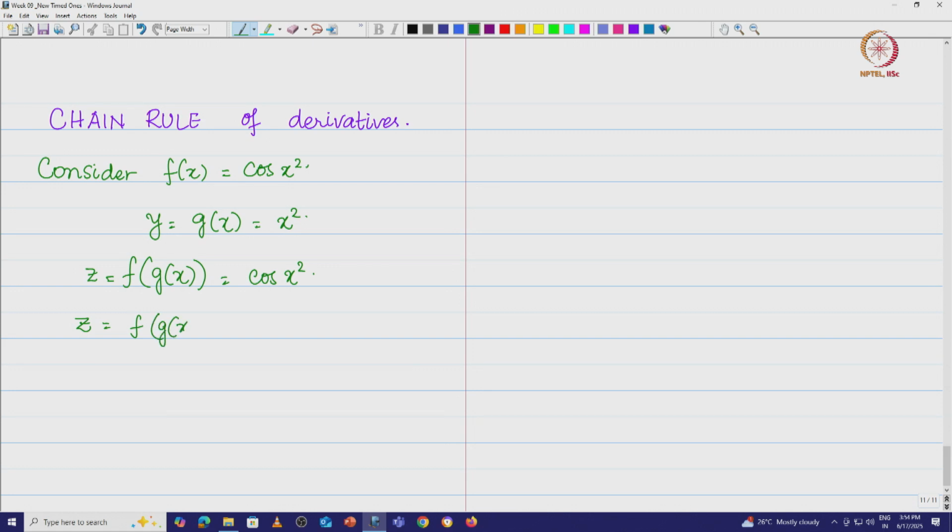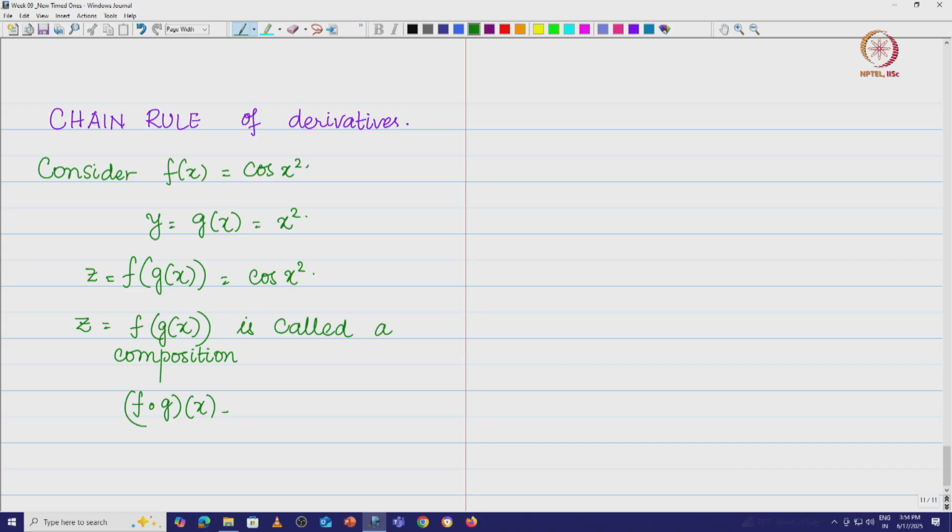z is equal to f of g of x is called a composition, and it is denoted by f, a small circle, g of x.